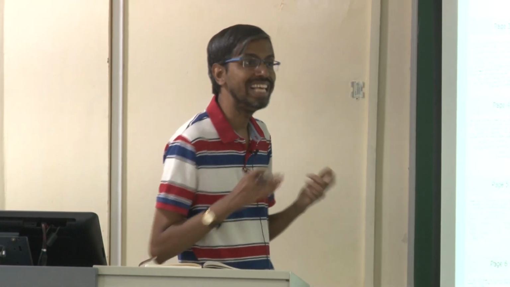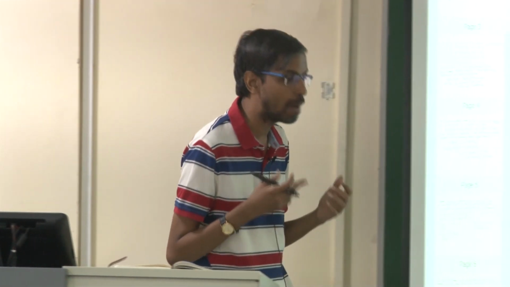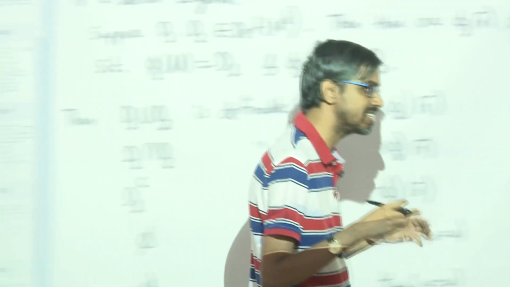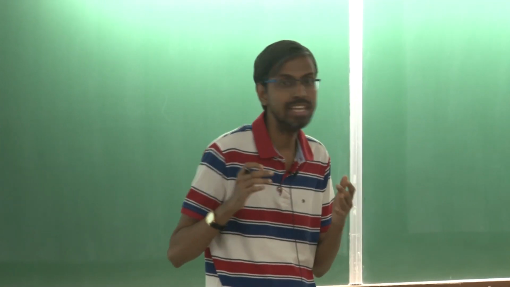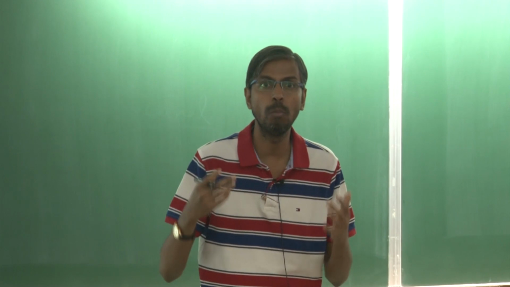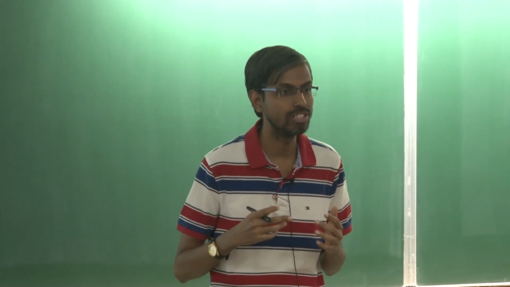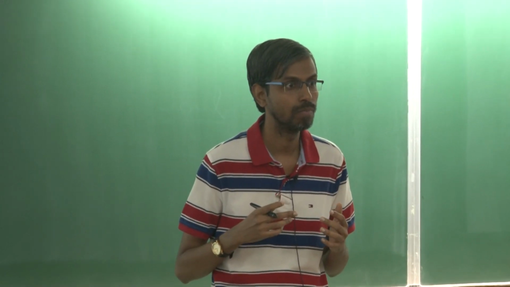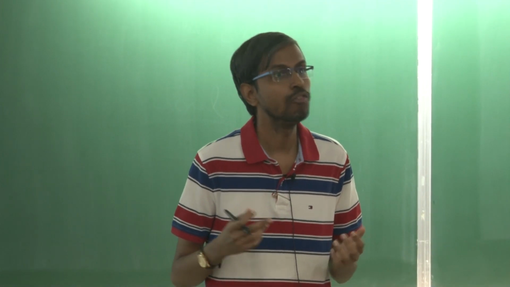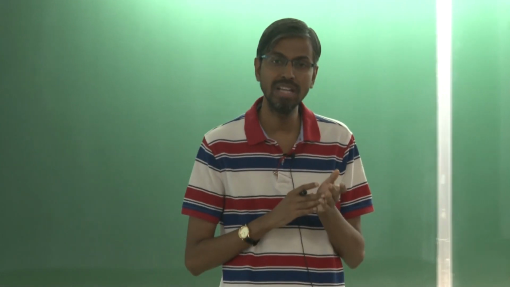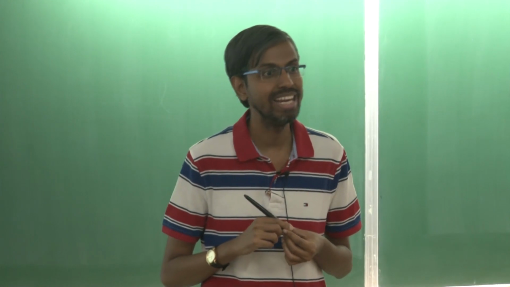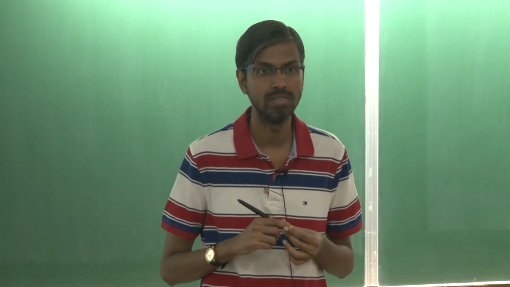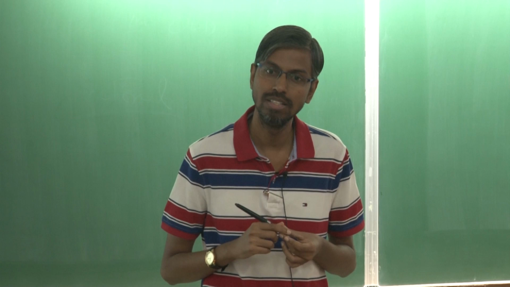Definable sets are extremely important. Definable sets actually capture the expressive power of a language in a structure. For example, if you remember, there was a tutorial problem which asked, can you define the set of perfect squares in N plus 0? What was the answer?